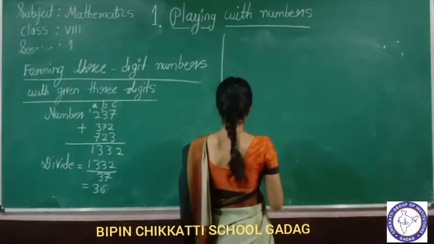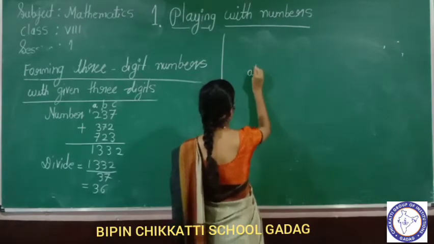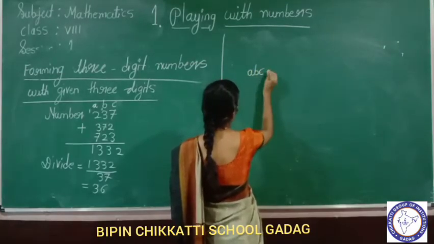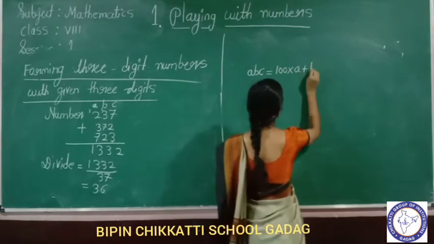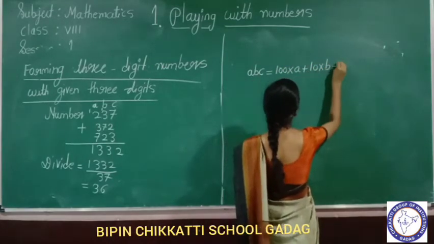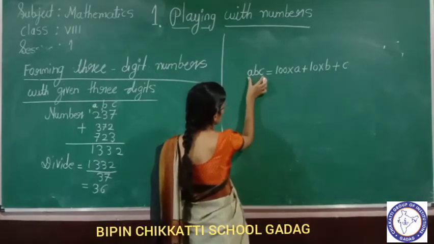Now see here, what do we do? Take a 3-digit number A, B, C, and this can be written as 100 into A plus 10 into B plus C. Afterwards, this was the number A, B, C I took.